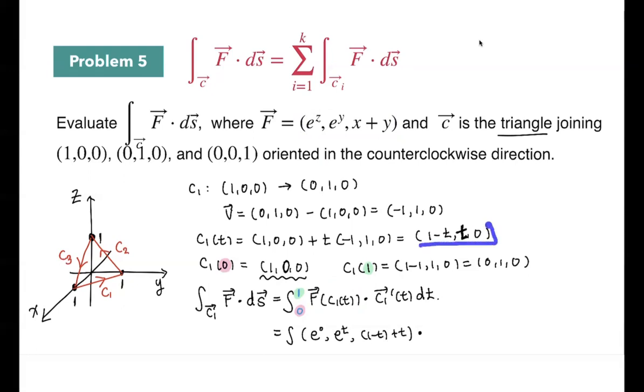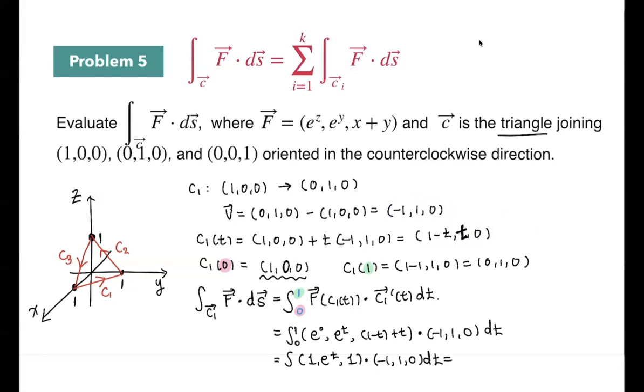Our C1 is this one, and if we take the derivative here, then we get minus 1, 1, 0, and it is actually the vector v. So we can say that it is minus 1, 1, 0 dt. Let's simplify it first. e to the 0 is 1, and e to the t, and the third component is just 1. The product with minus 1, 1, 0 dt.